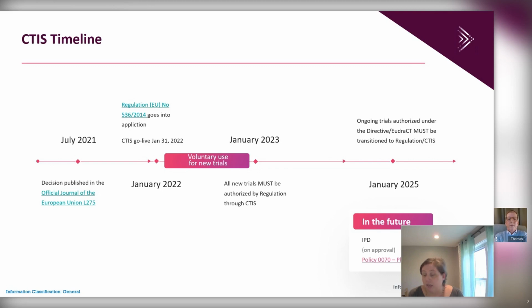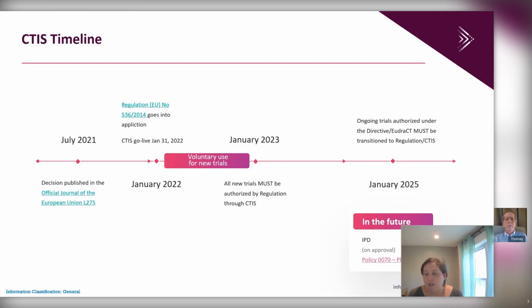There is a 3-year transition period between January of this year and January 2025, where ongoing studies can continue to run on via UDRA-CT under the directive. So that means all the activities of your trial can continue under UDRA-CT.